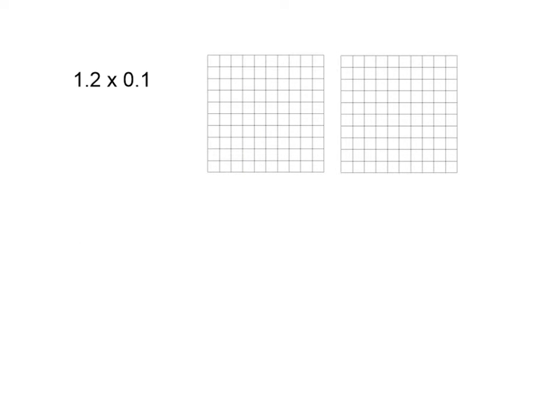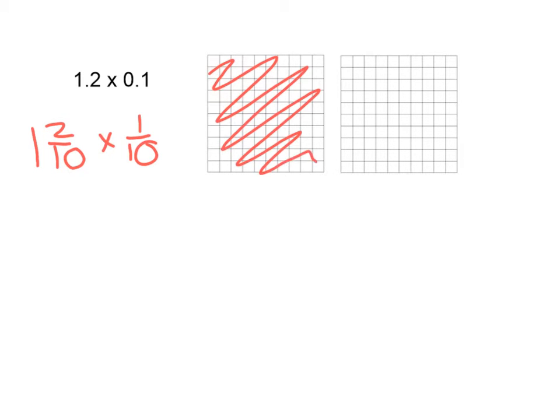The same thing is going to apply for mixed numbers. So we've got 1 and 2/10, which is written like this, times 1/10. So we are going to shade one whole. Okay, we're going to shade 2/10, and then we're going to shade 1/10 in the other direction. And let's see how many we have.